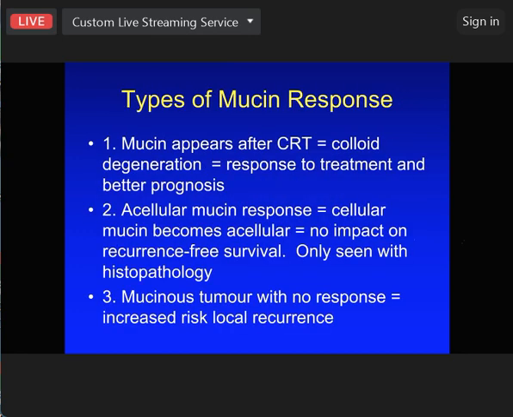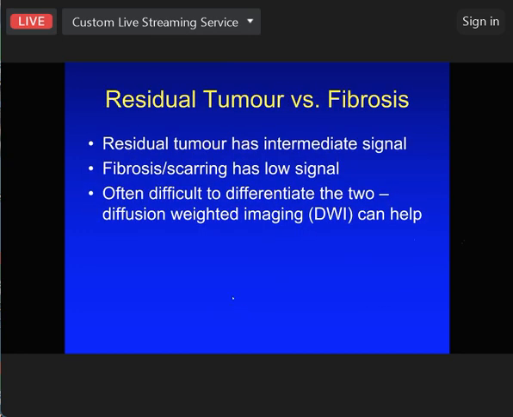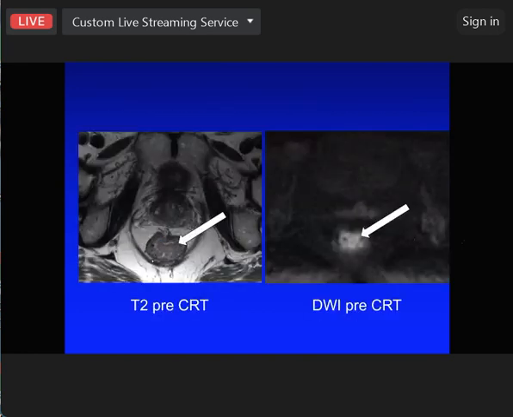Sorry, gone the wrong way. So here we've got tumor in the rectum on a T2 weighted MRI, sagittal, axial scan, and on diffusion weighted image, the signal is high, and why do you get restricted diffusion? There are several reasons in malignancy.